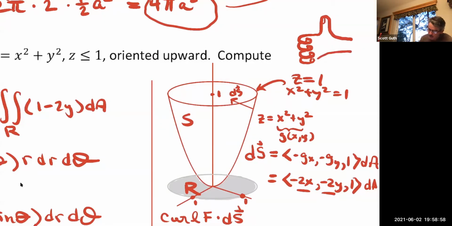Beautiful. Right hand rule. So if the normal is upward, and I don't want to say upward because it could be downward. So here's the normal upward, and here's the orientation with the fingers, the curve's orientation. Am I right?